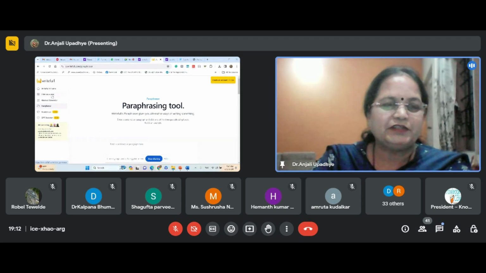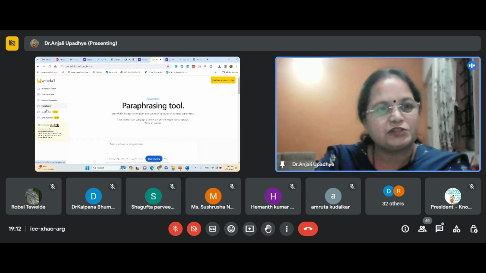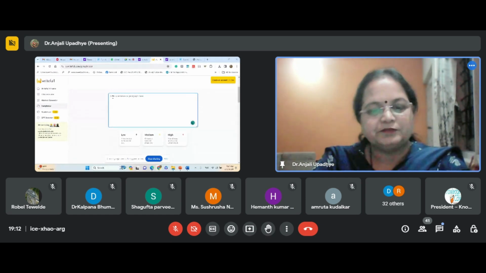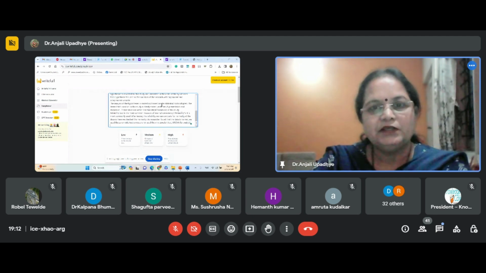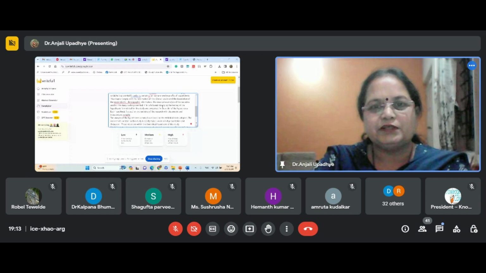When you have a paper or abstract with you, you can generate the abstract. You can paraphrase the text, or the GPT editor is also over here. So what I did, I entered my paragraph over here, the same paragraph which is plagiarized.